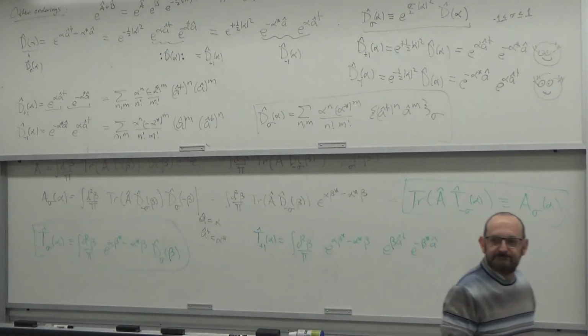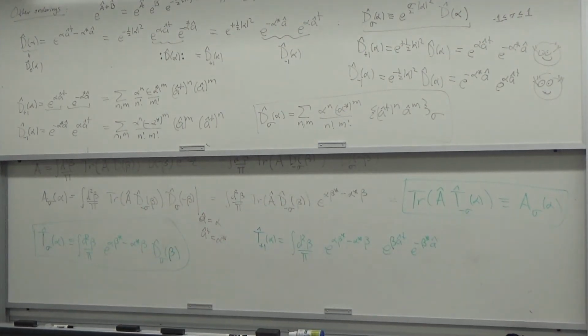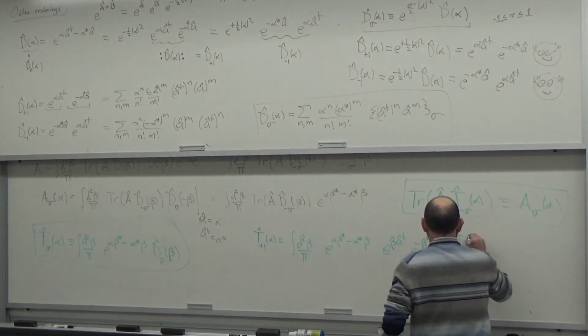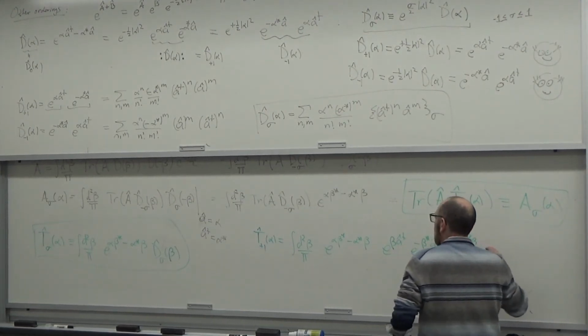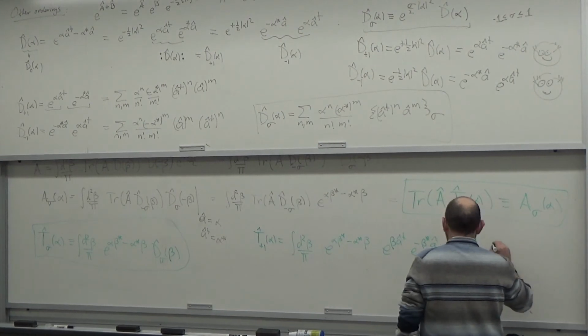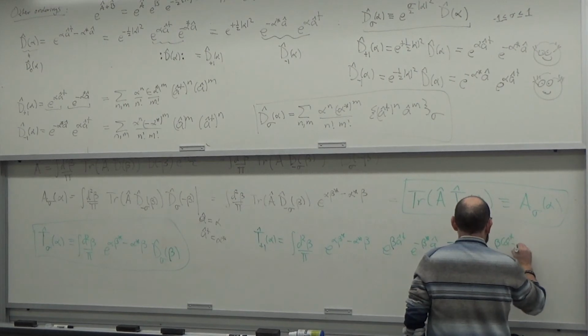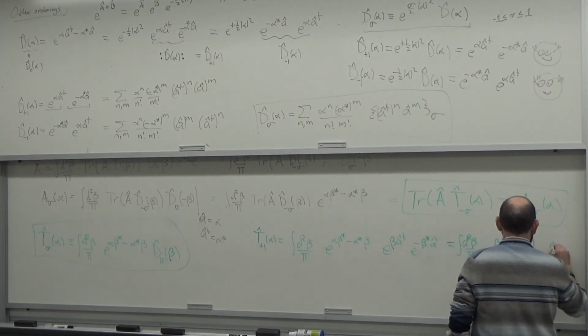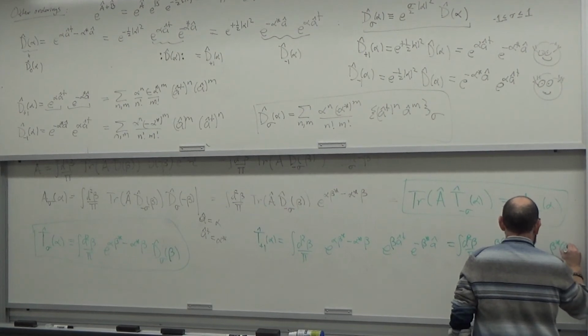Okay, so this is equal to the integral over the phase space, e to the beta a dagger minus alpha star, e to the beta star, a minus alpha.